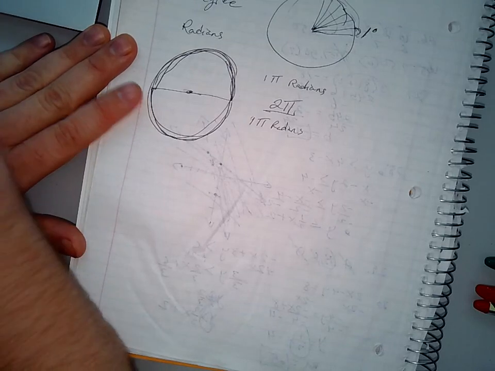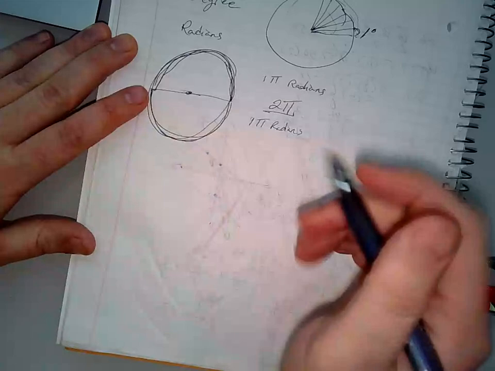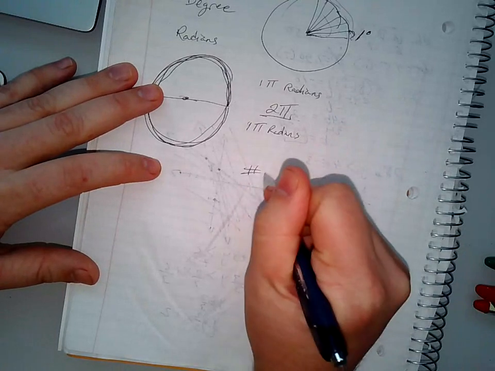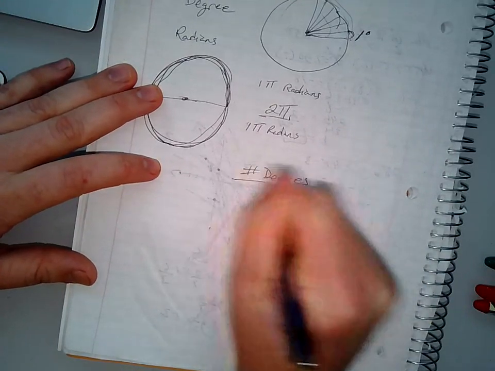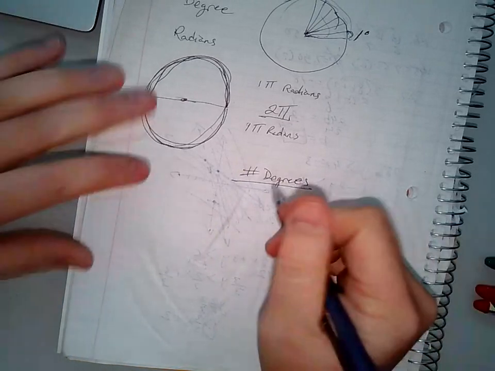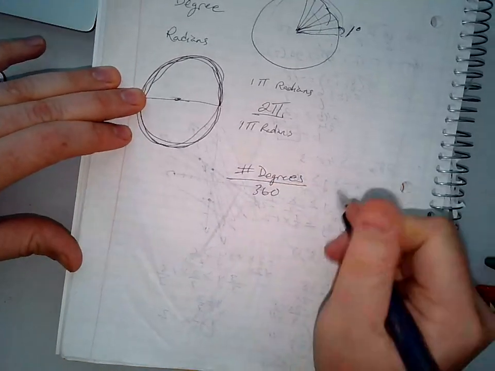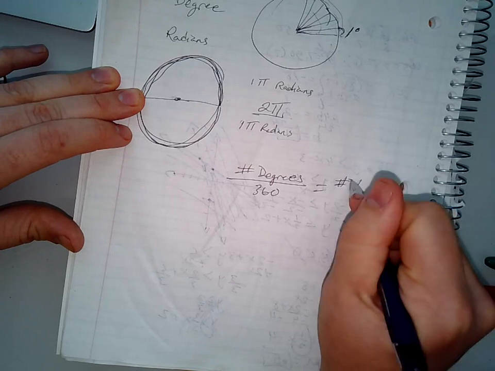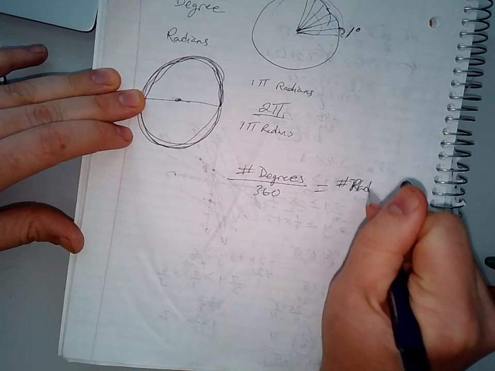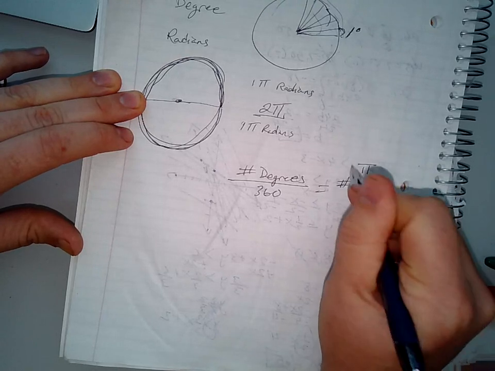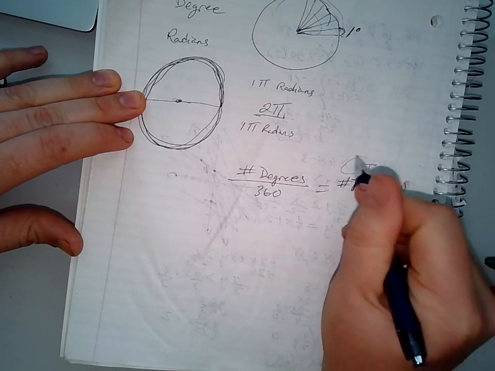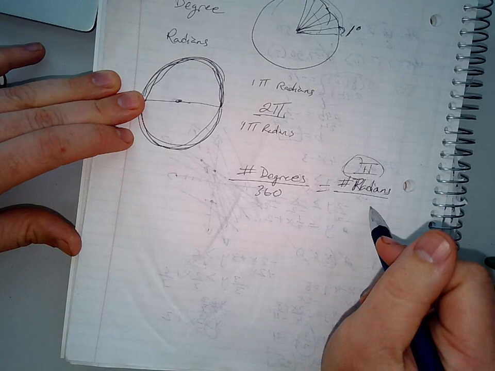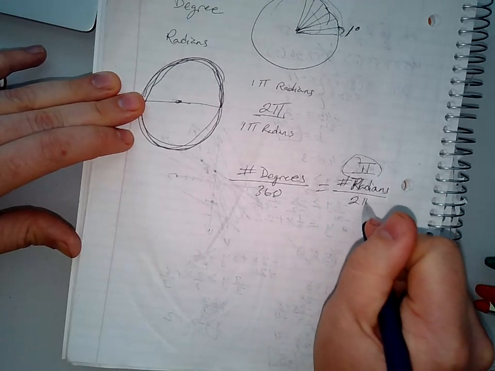The definition says use a proportion between degrees and radians. To convert back and forth, we have the number of degrees over the total number of degrees in a circle, which is 360, and we set that equal to the number of radians, something with pi, over exactly how many radians are in 360 degrees, which is 2 pi.